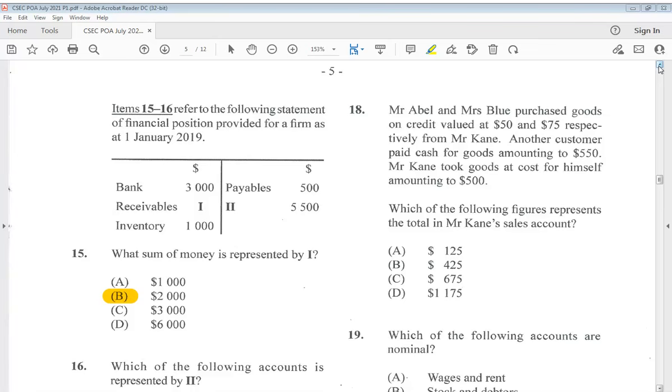So what would go there? The credit, that $50 and $75 that Mr. Abel and Mrs. Blue purchased on credit from Mr. Kane. So that would go in his sales account. And it says another customer paid cash for goods. So that's another entry affecting his sales account. So $550. So we add those three totals together. What do we get? We get $675. C.